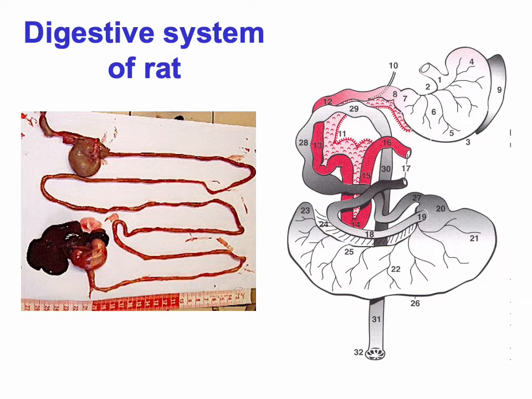You see that in real life, left side, and in picture, what is interesting compared to the carnivores, that we have a huge cecum which will allow the rat some efficient fiber fermentation and fiber utilization.